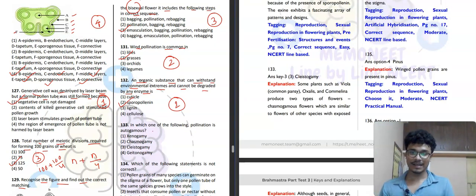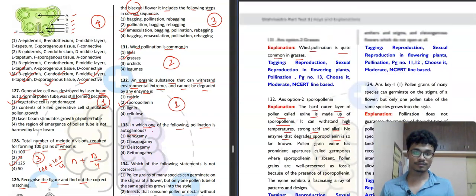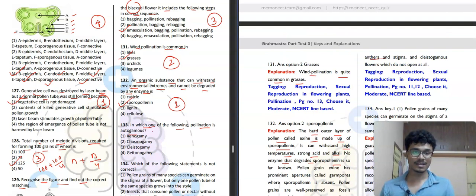In which of the following is pollination autogamous? Xenogamy, chasmogamy, cleistogamy or geitonogamy. We know that some plants such as viola, oxalis and commelina produce two types of flowers: chasmogamous flowers, similar to flowers of other species with exposed anthers and stigma, and cleistogamous flowers.